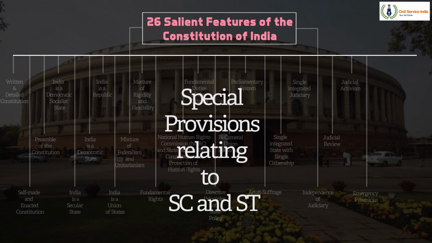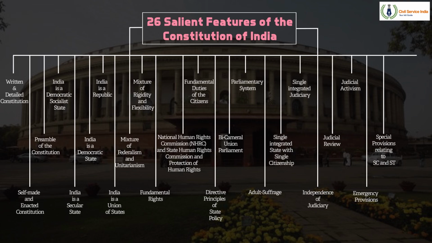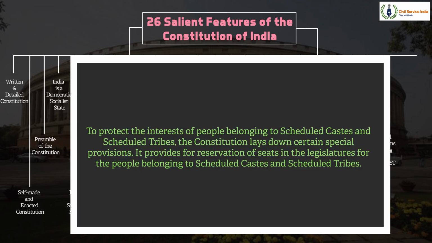Special provisions relating to scheduled castes and scheduled tribes. To protect the interests of people belonging to scheduled castes and scheduled tribes, the Constitution lays down certain special provisions. It provides for reservation of seats in the legislatures for the people belonging to scheduled castes and scheduled tribes.